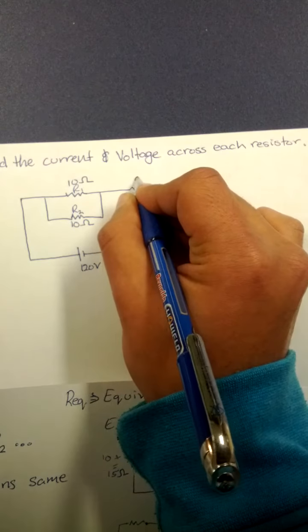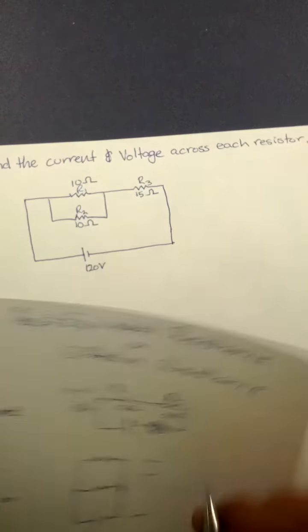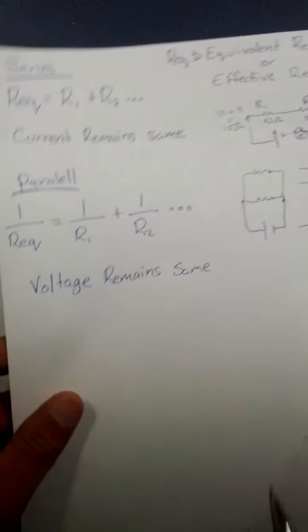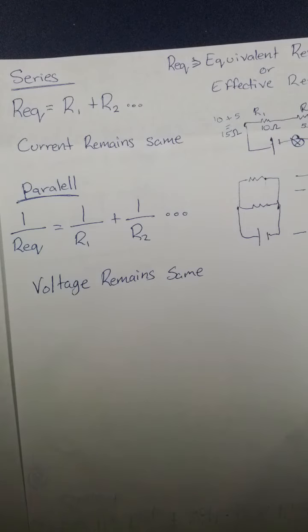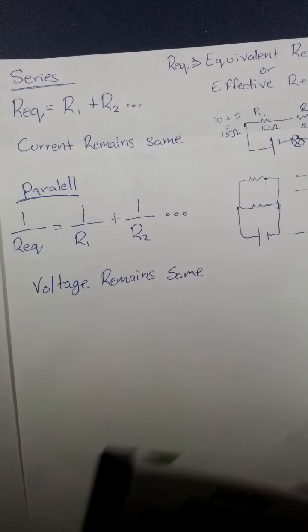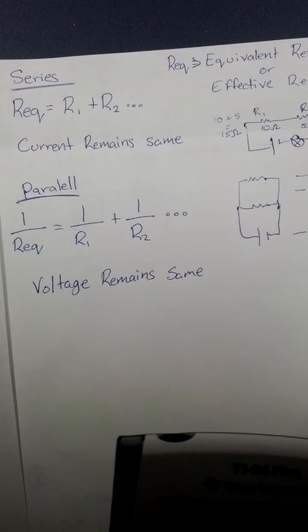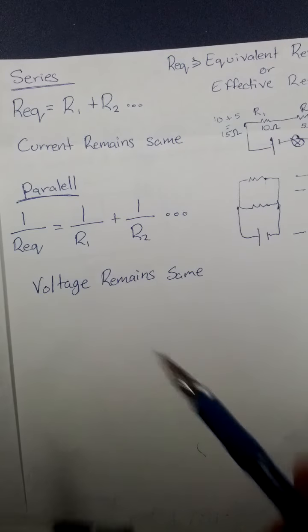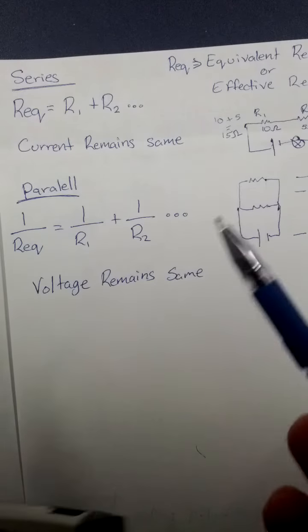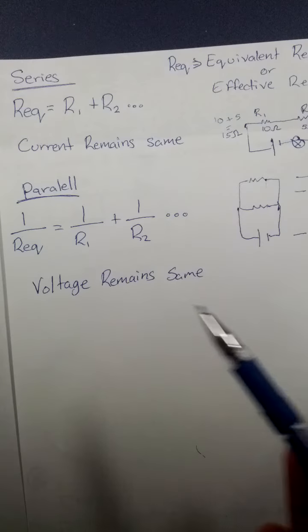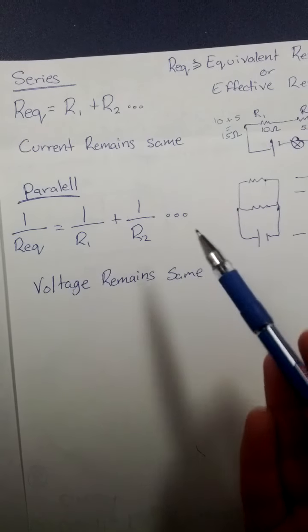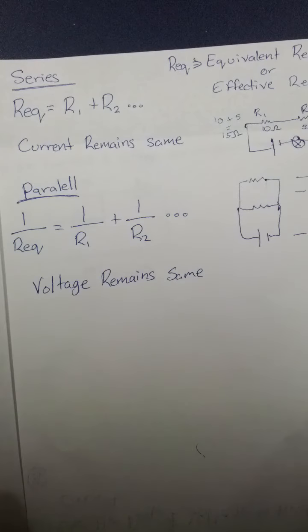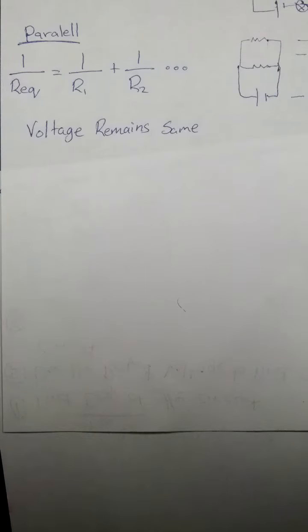Then obviously this would be R3, right? This is the formula, but like I told you, there's a much easier way, and it saves you a lot of time, so you don't have to waste time applying this entire formula. You should still know this formula, because in any case the teacher wants to know how you got the answer, you could write it down on a test or a worksheet.